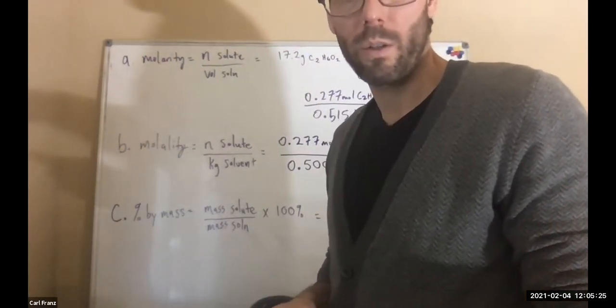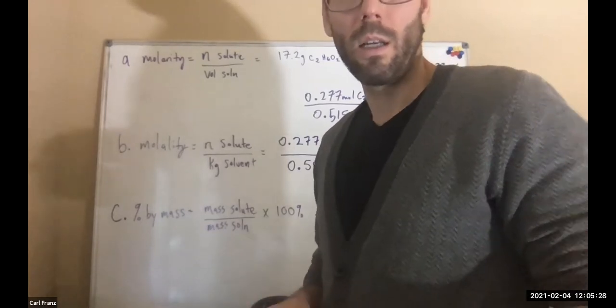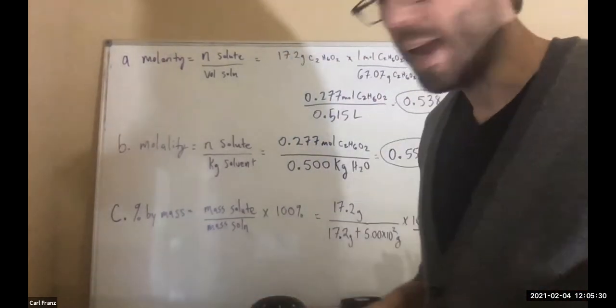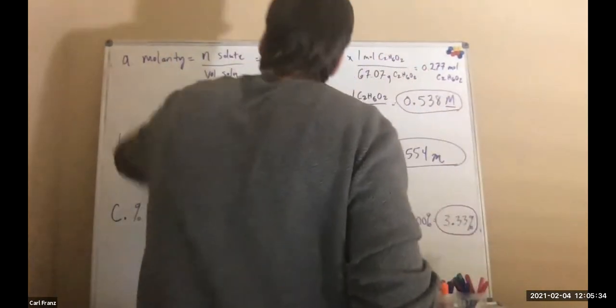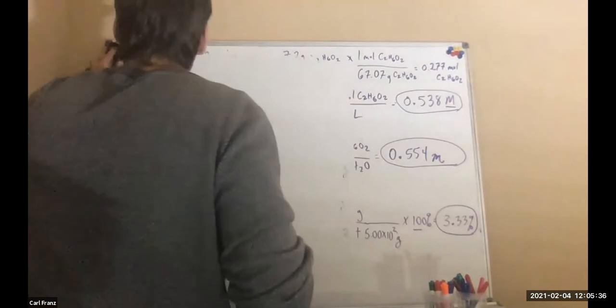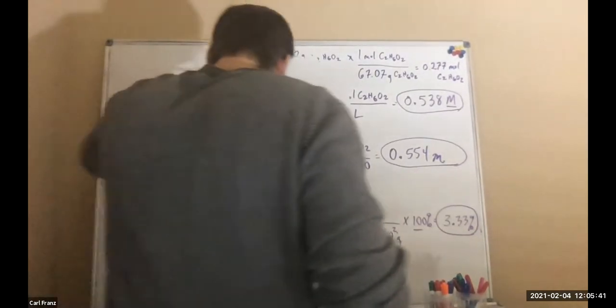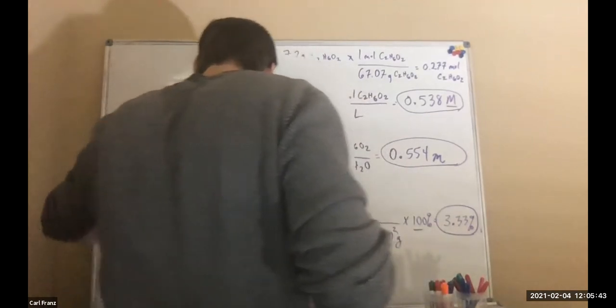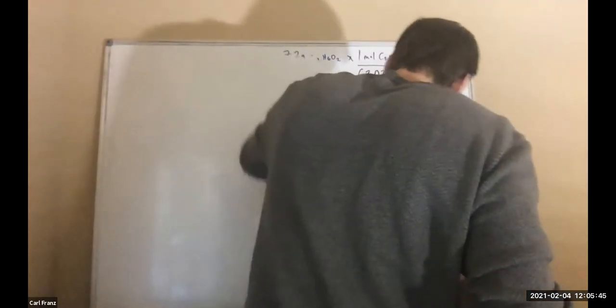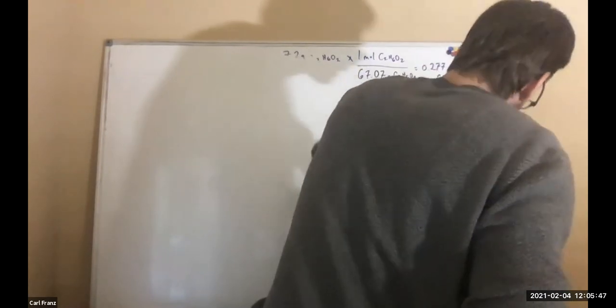Okay. And what are the other things they're asking for? Let me go to the slide deck. They want mole fraction and mole percent. So remember that our mole fraction is the moles of solute over the moles of solute plus the moles of solvent.